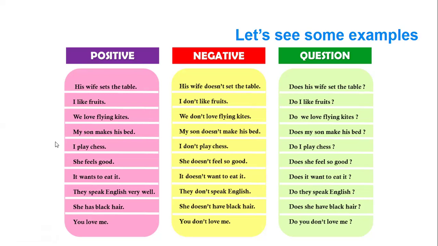My son makes his bed. Okay, negative. My son doesn't make his bed. Okay, and the question? Does my son make his bed? Okay, very good. All right, my friends.